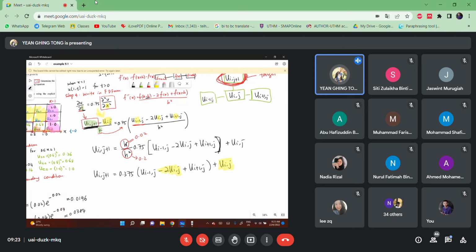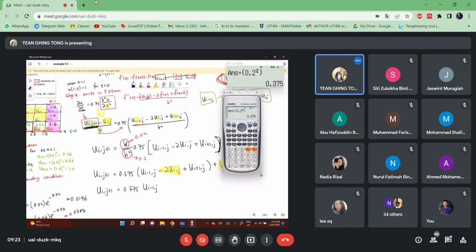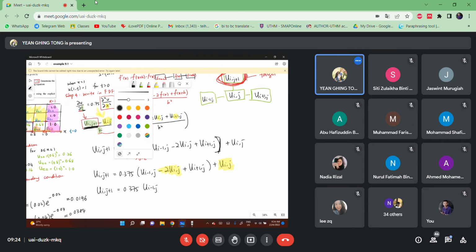So I have to merge these two. u(i, j plus 1) equal to 0.375 u(i minus 1, j), and this one is 0.375 times negative 2, lepas tu plus 1, that is 0.25 u(i, j), lepas tu plus 0.375 u(i plus 1, j).